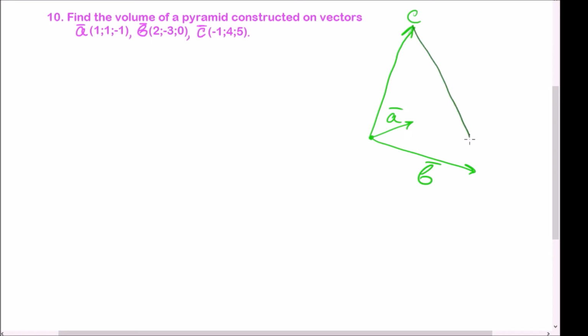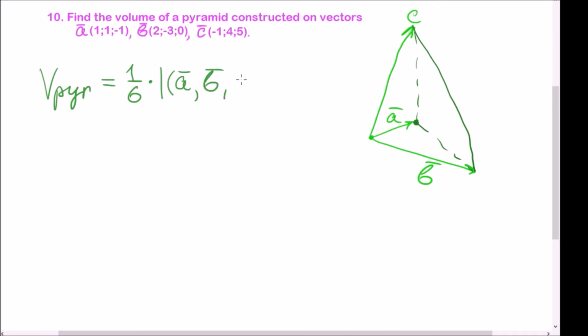The volume of the pyramid constructed on the given vectors a, b, and c is 1 over 6 multiplied by the absolute value of the triple scalar product of the vectors a, b, and c.